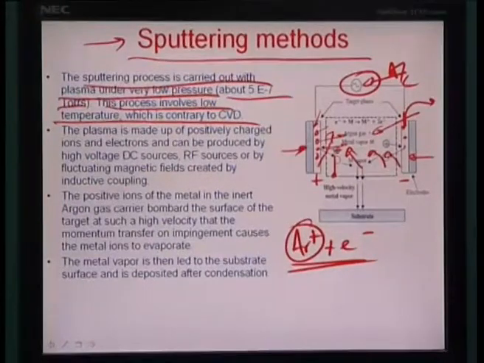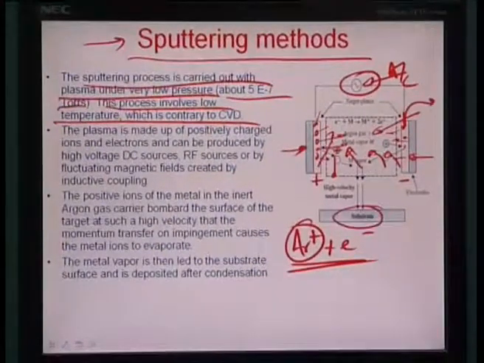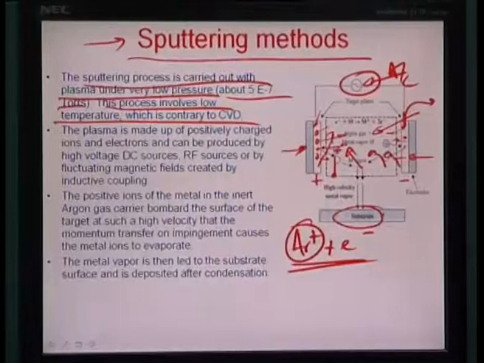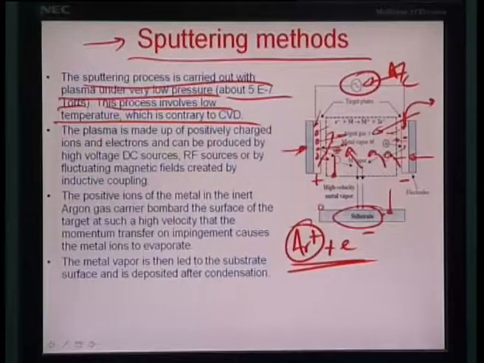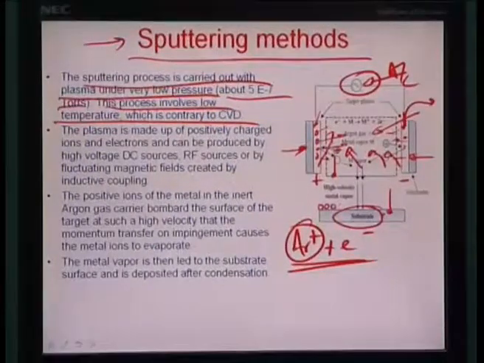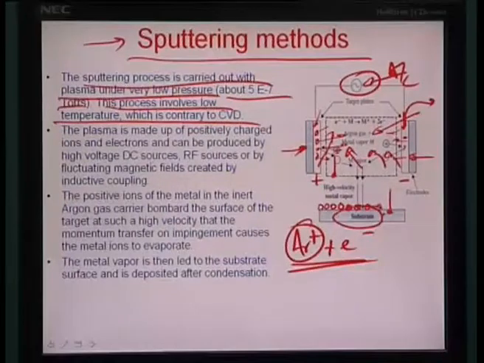So, if this target is platinum or gold, it will ablate the platinum or gold atoms off the surface, and then the carrier gas would essentially drive this more towards the substrate, which can be given a slight bias so that you can hit the material onto the substrate with the carrier gas.